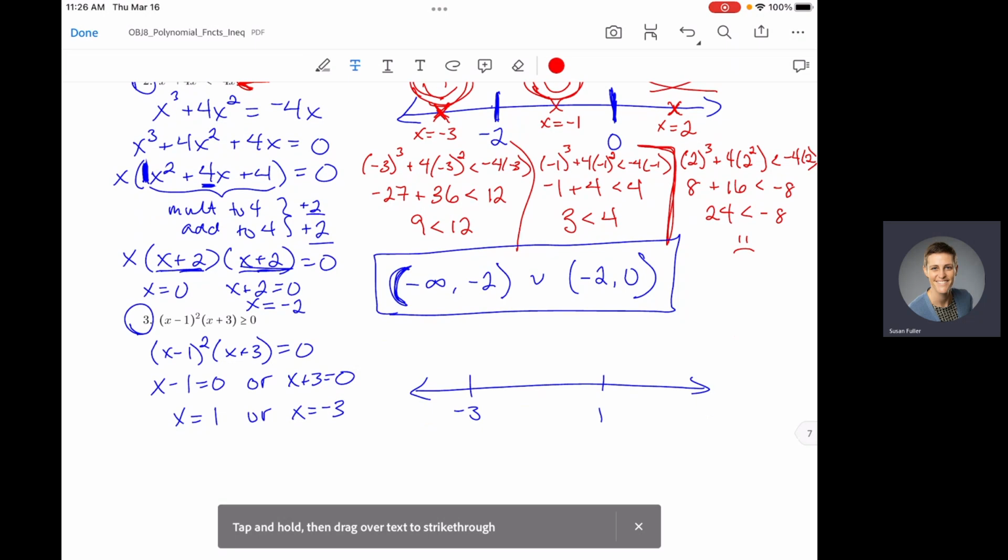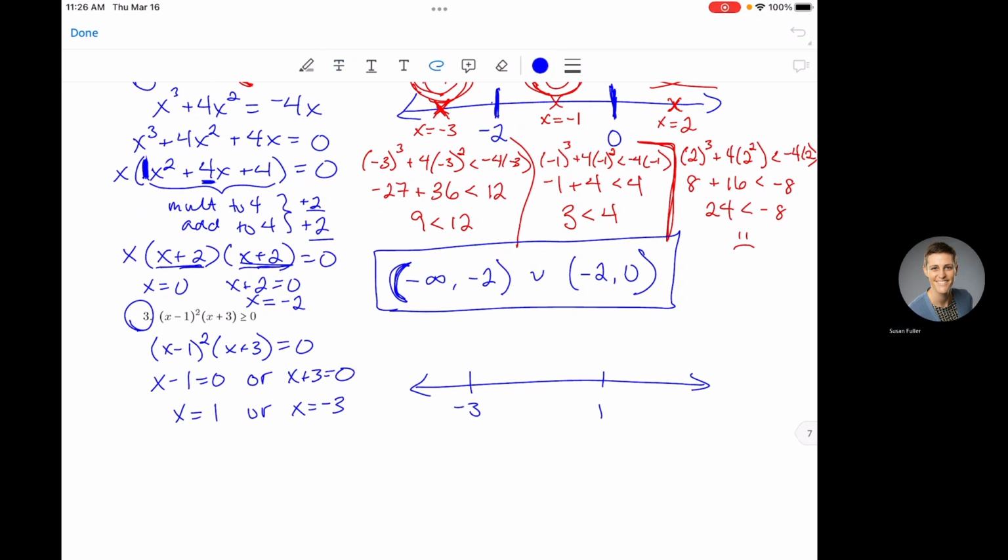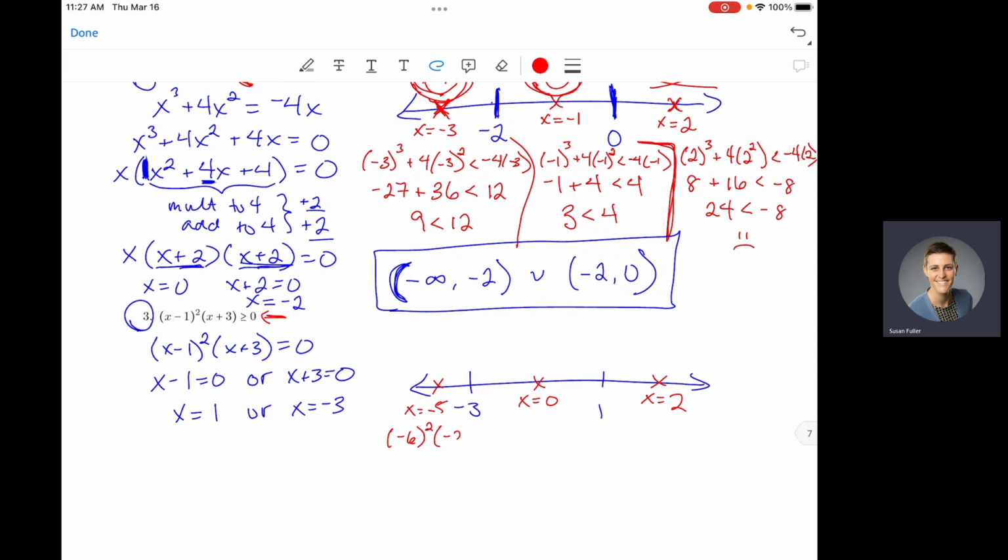And so now we just have to test values in our original inequality. So I'm just going to pick some here: x equals negative 5, x equals 0, and x equals 2. And so when I plug these in to my inequality right here, negative 5 minus 1, that's negative 6 squared, times negative 5 plus 3, that's negative 2.